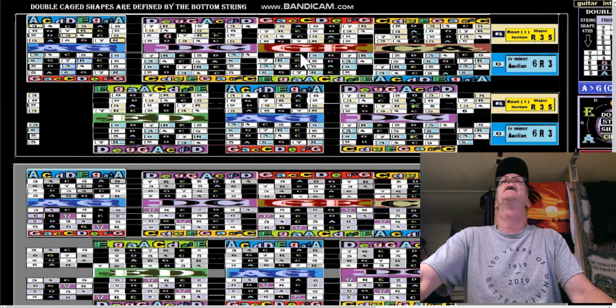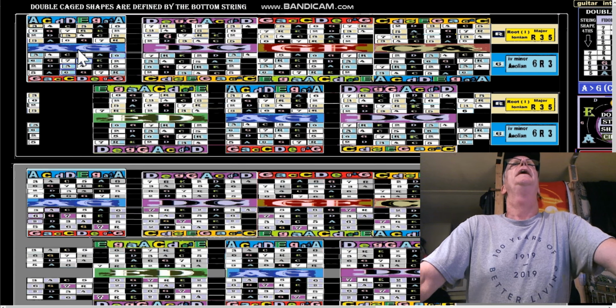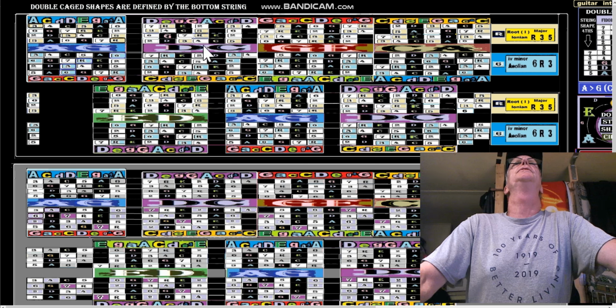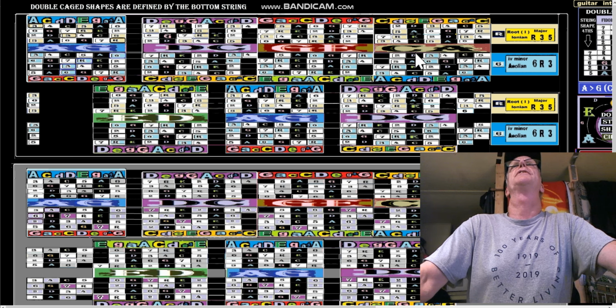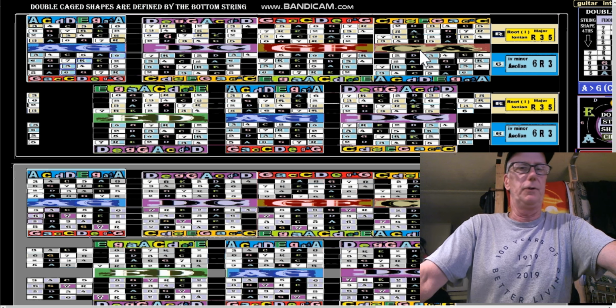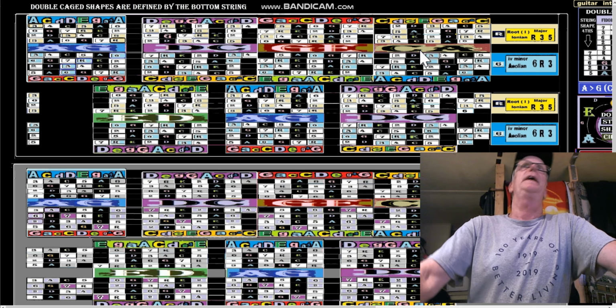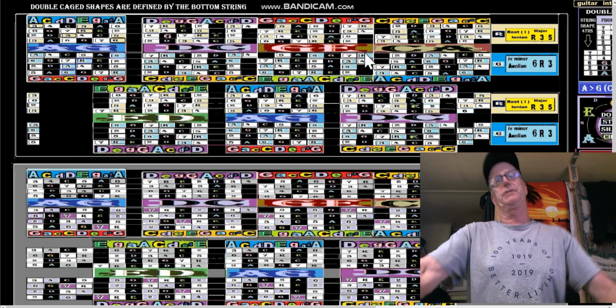How many are there now? 1, 2, 3, 4, 5, 6. There's 7 double string shapes for the violin. Hey, there's 7 double string shapes for anything.